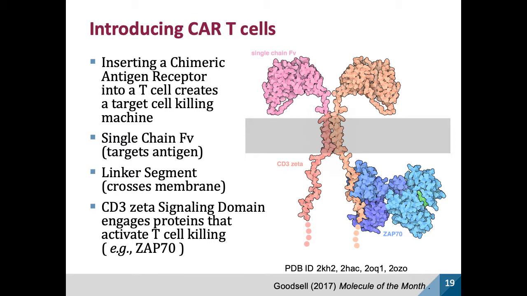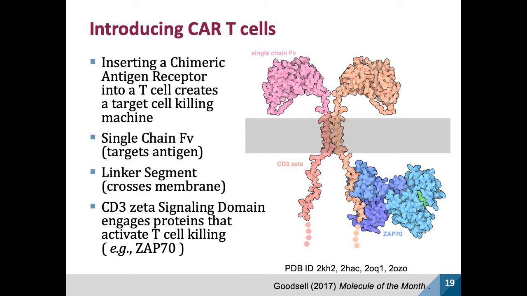If you go to our PDB-101 website, pdb101.rcsb.org, and look at Molecule of the Month and simply search with CAR T, you'll see David Goodsell's article published in 2017, which explains the molecular anatomy of this simplified chimeric antigen receptor. The one that's actually been approved, that's at work in the clinic today, transforming the lives of patients and their families, is a little bit more complicated than that. And I think you'll hear about this more from Randy Isaacs when she presents on behalf of Novartis.